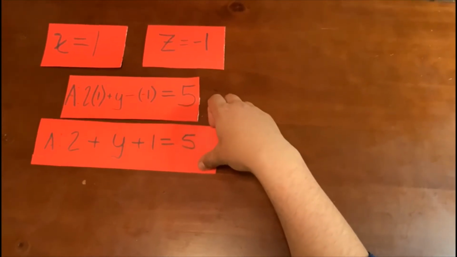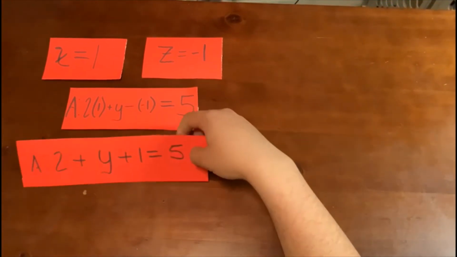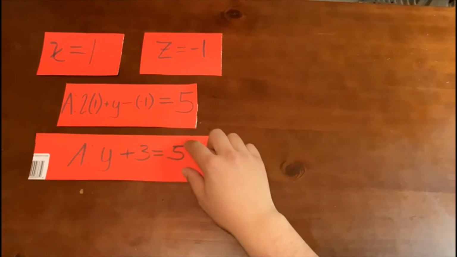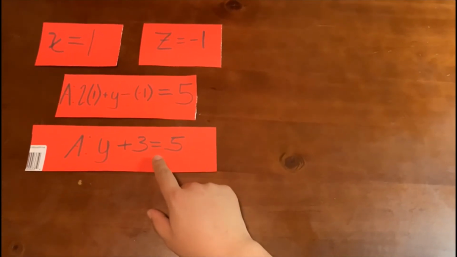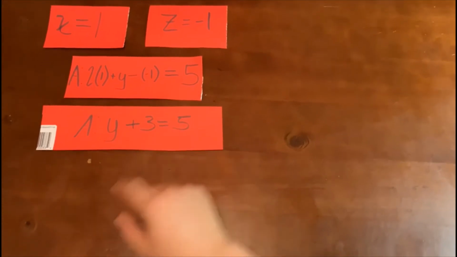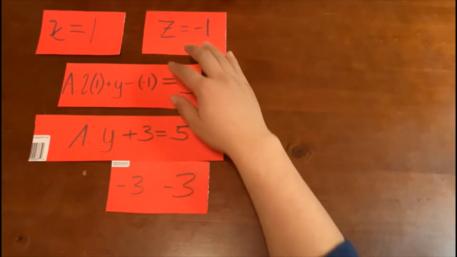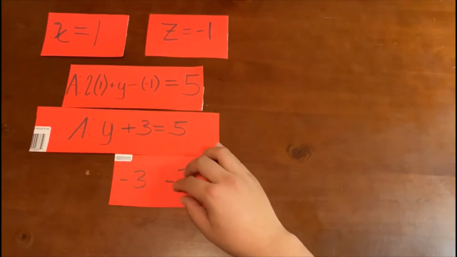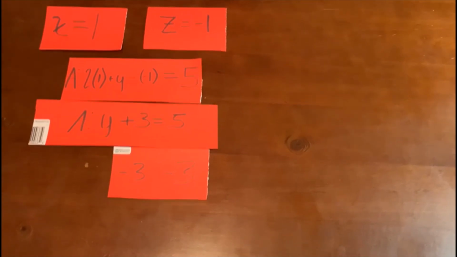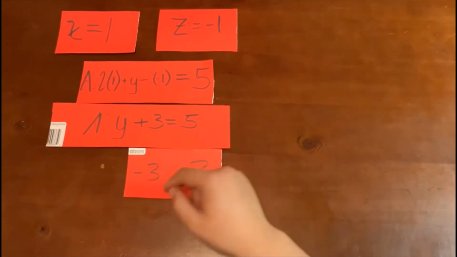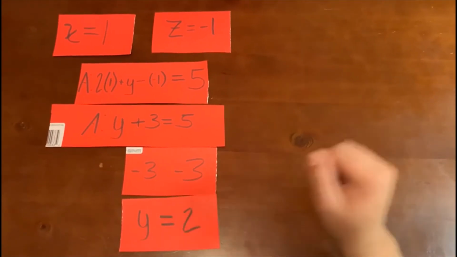Then we add up our common numbers, and we get y plus 3 equals 5. We eliminate the 3 from both sides. Therefore, we get 2. Our y comes down, and we get y equals 2.